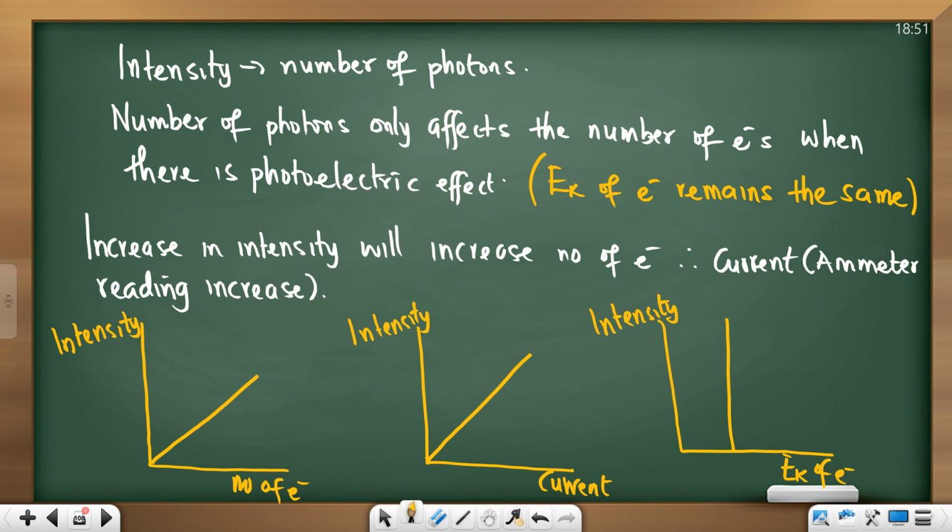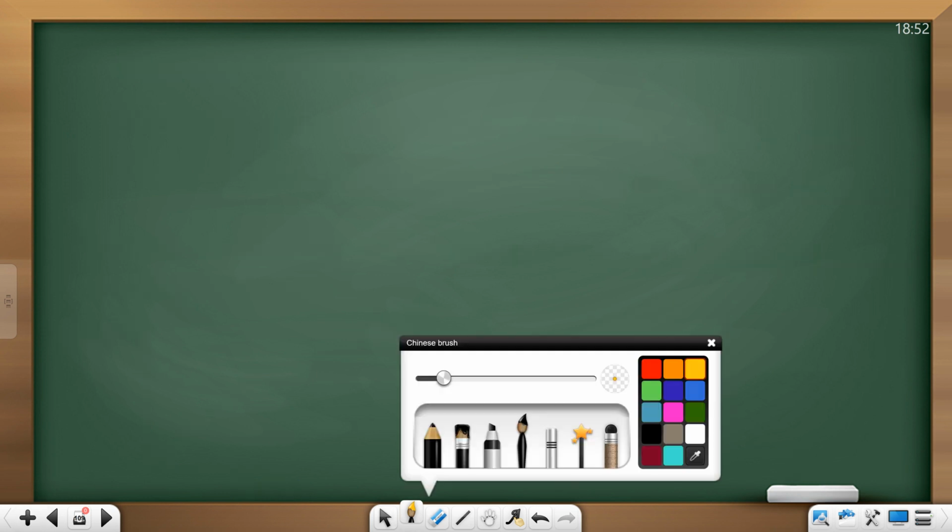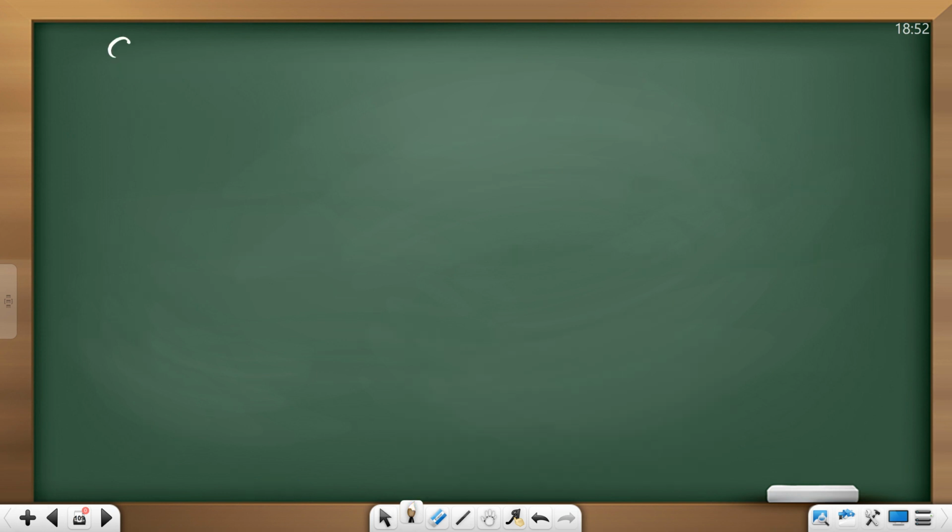Just before I go to the next question, I want to talk about something that runs side by side with intensity. So intensity is the number of photons, which affects the number of electrons. However, what if I change the frequency, the energy of light, the energy of the photon?